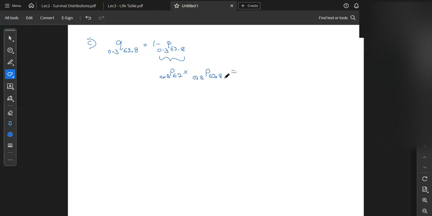So if we use these two independent cases, we can think the person was alive at 62, and after 0.8 years of jump, still alive, and I need him to be alive for 0.3 more years, and this point is 63.1. Throughout these intervals, that person is alive.